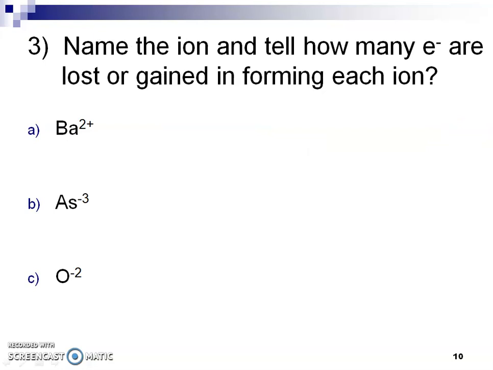All right, number 3. So we're naming these ions, whether they're cations or anions, and then telling again how many electrons were lost or gained. So for A, Ba, barium, since it's a positive cation, stays barium, and because of that +2, it lost 2 electrons.